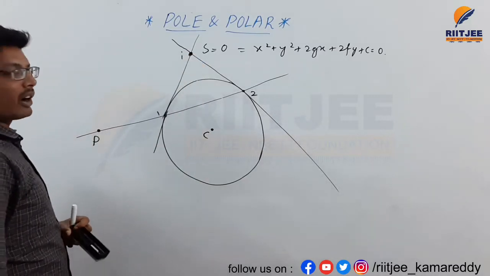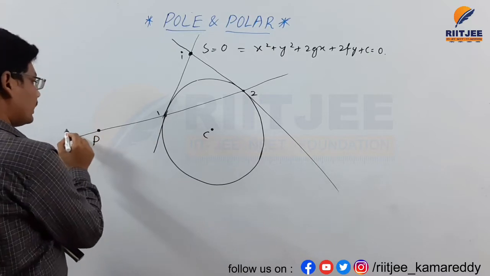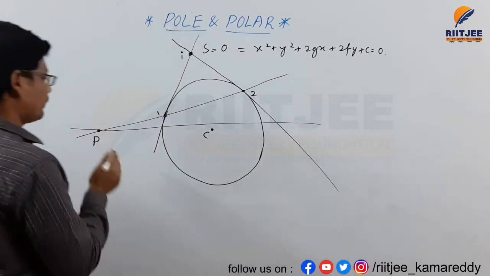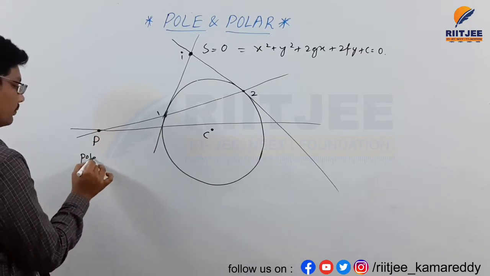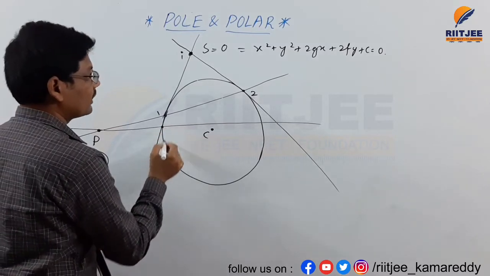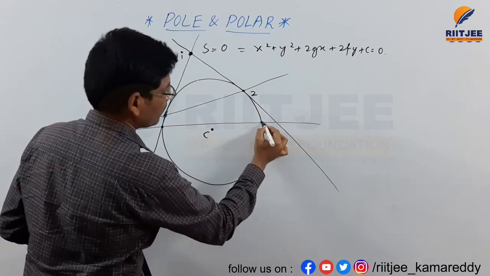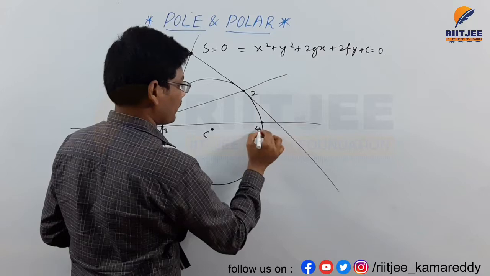I am drawing one more secant line from point P. This is the pole here. From this point again, this is point number 3 and this is point number 4.